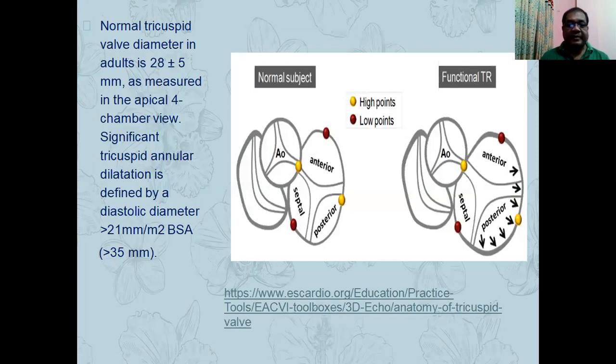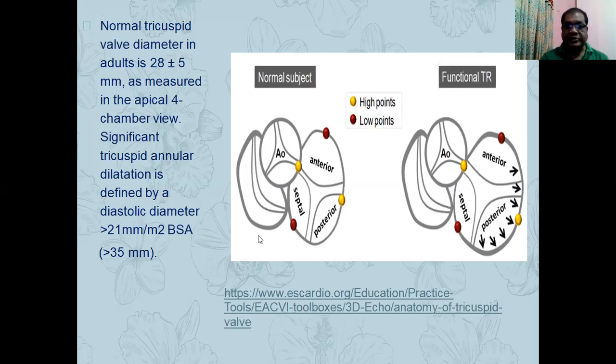Normal tricuspid valve diameter in adults is around 28 plus minus 5 millimeter as measured in the apical four-chamber view. Significant tricuspid annular dilatation is defined by a diastolic diameter of more than 21 millimeter per square meter of body surface area. That is usually more than 35 millimeter. If it is more than 35 millimeter, then we can say that the tricuspid valve is dilated.